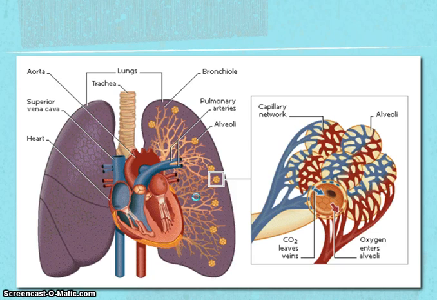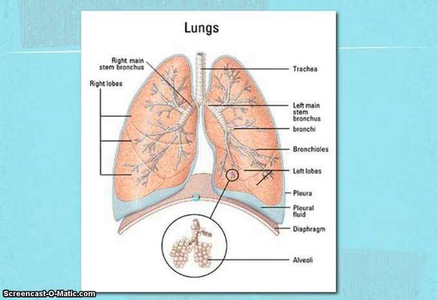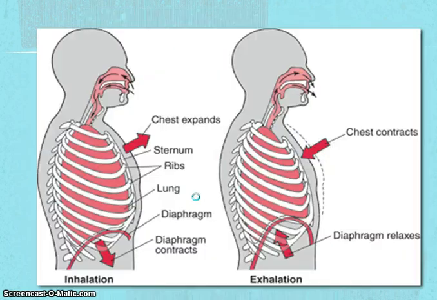So again, it's very vascular, and that's what's going to be getting the oxygen. Once the blood gets pumped through the heart, it has to hit the lungs in order to pick up that oxygen.